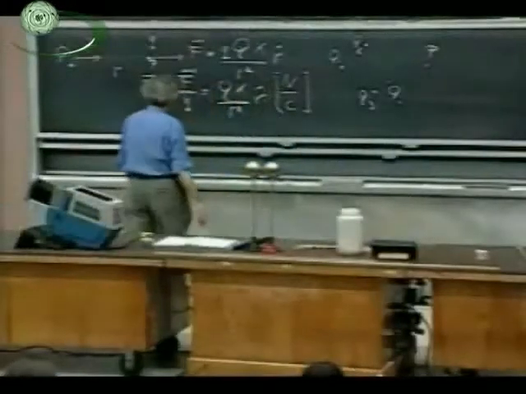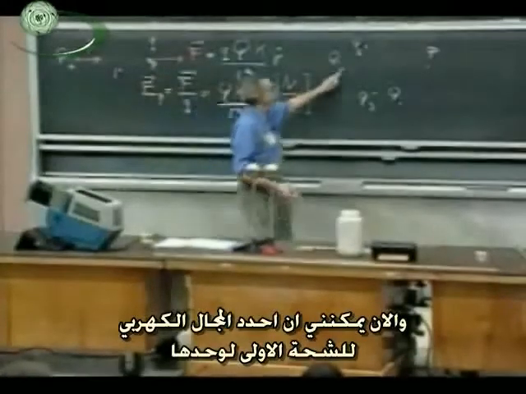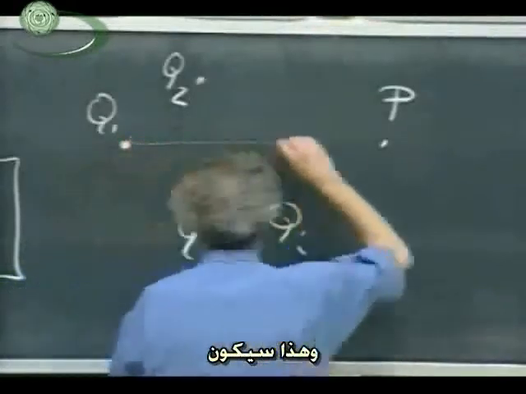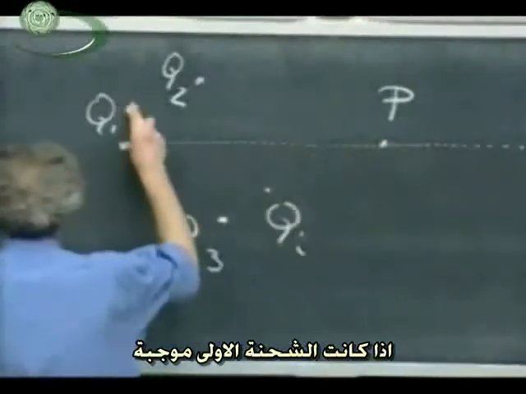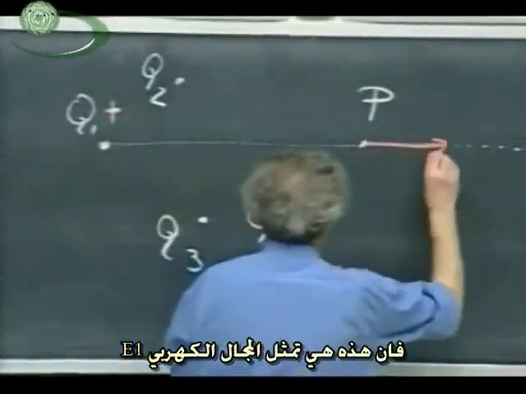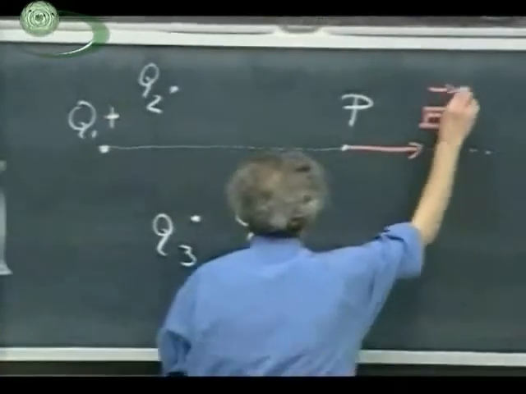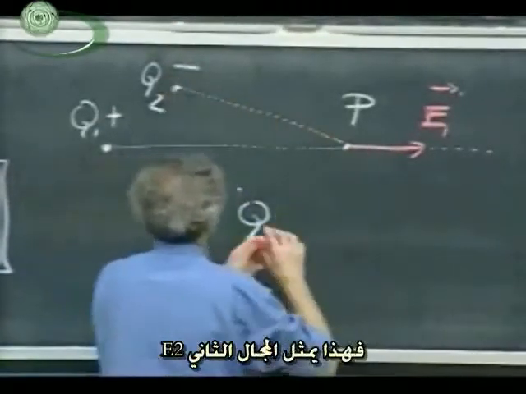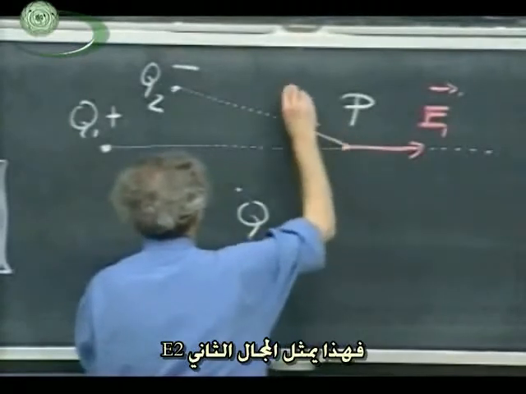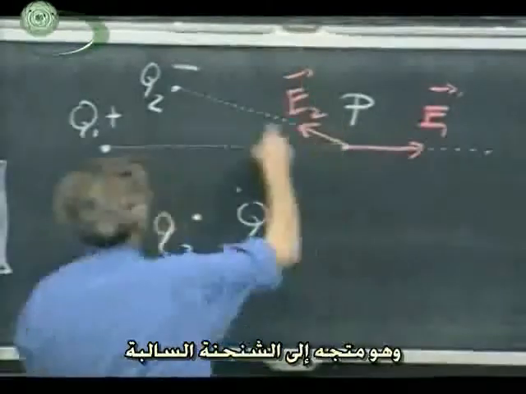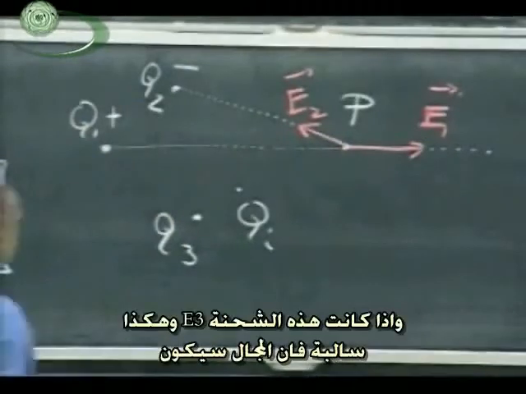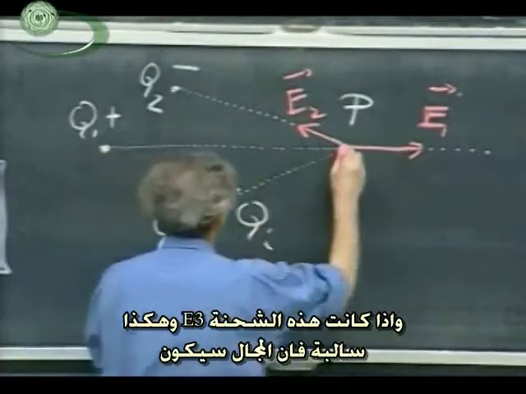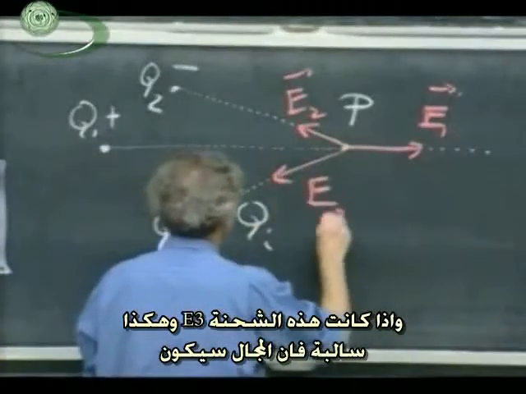So now, I can say, what is the E field due to Q1 alone? Well, if Q1 were positive, then this might be a representation for E1. If Q2 were negative, this might be a representation for E2, pointing towards the negative charge. And if this one were negative, then I would have here a contribution E3, and so on.